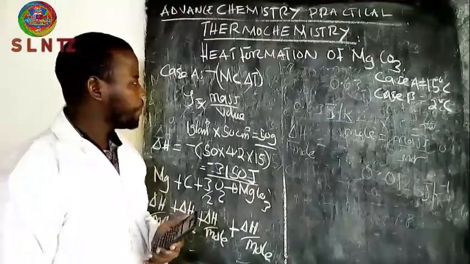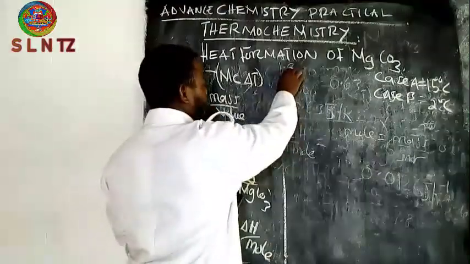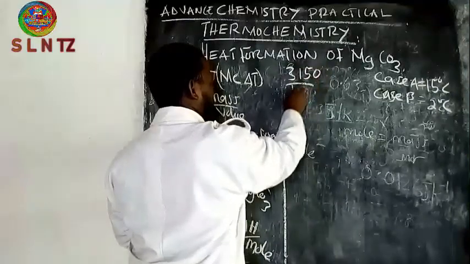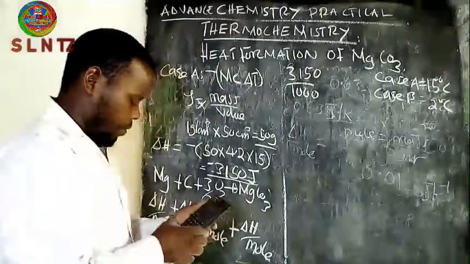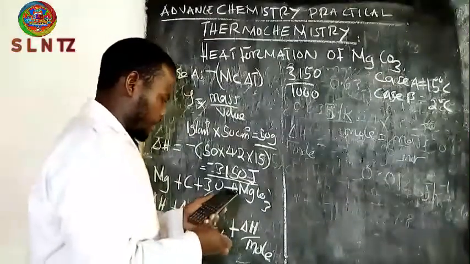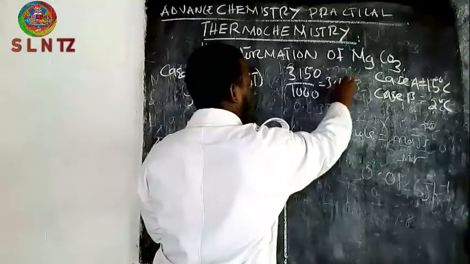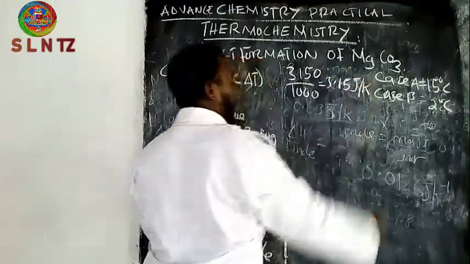You can put it in kilo, which means you divide by thousand, so it will be 3.150 kilojoule.